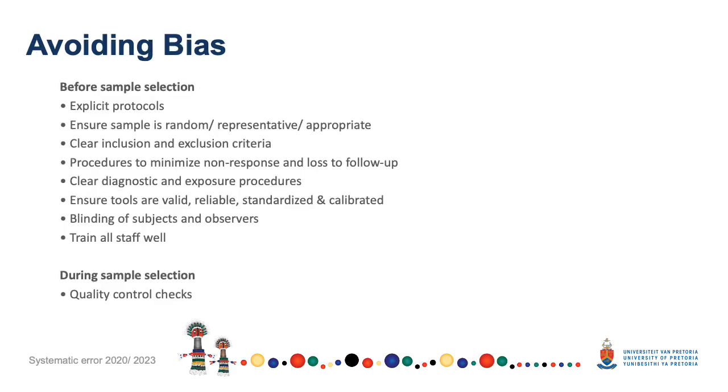So here we have a list of things that you can do to avoid bias, whether it's sampling bias or information bias. You can go through these steps and these will minimize the likelihood that you're going to end up with biased information. So you have explicit protocols. Make sure your sample is random or representative and appropriate. Have very, very explicit, clear inclusion and exclusion criteria. Have standard operating procedures to minimize non-response and loss to follow-up.